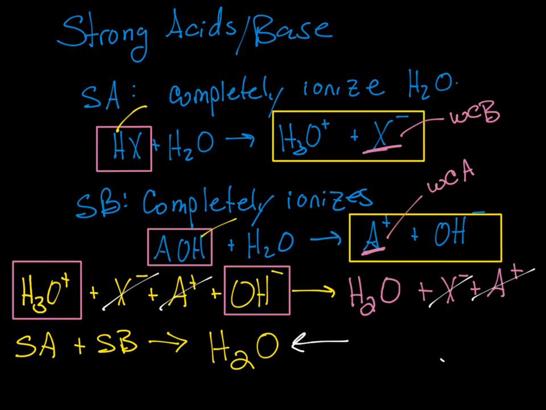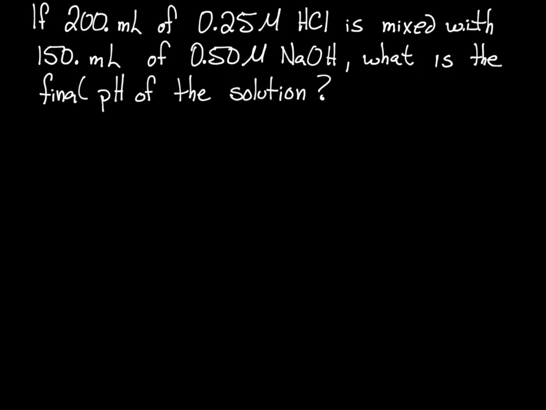So let's see what we would do under a different circumstance where our acid and base aren't exactly equal. Here's a quick practice problem. If we have 200 milliliters of a 0.25 molar HCl solution, which is a strong acid and will completely ionize, mixed with 150 milliliters of a 0.5 molar NaOH solution, a strong base that also completely ionizes, what is the pH of the final solution?